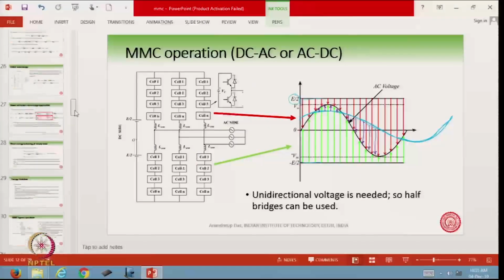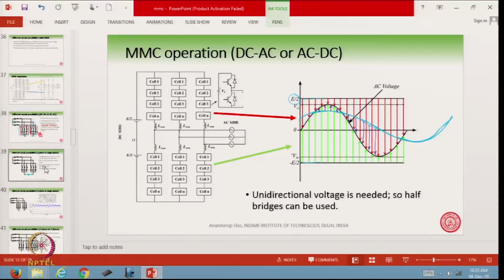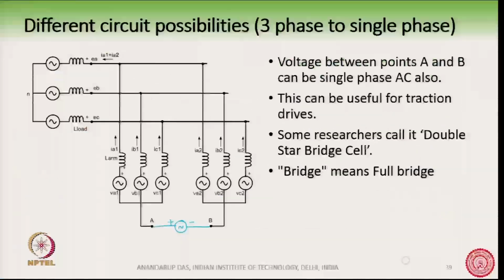So, here we were saying that we have a single phase AC and we have a 3 phase AC. Earlier we had a constant DC source, and now we are getting a single phase AC source.